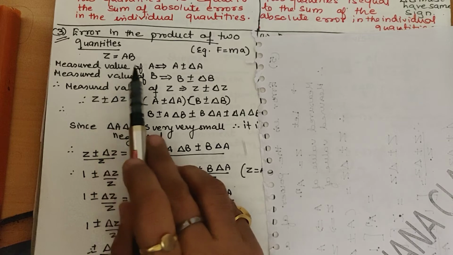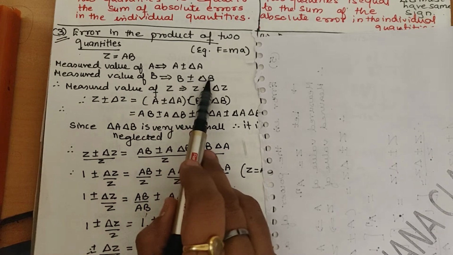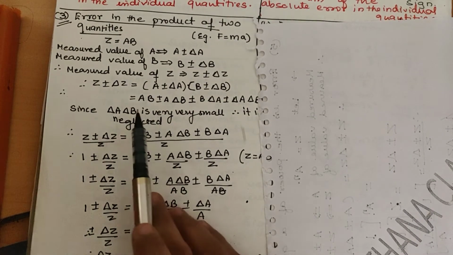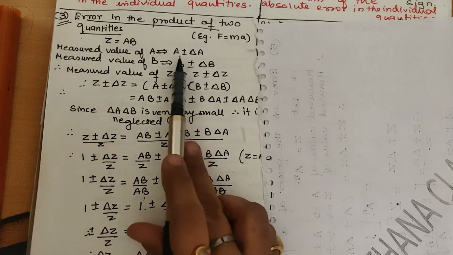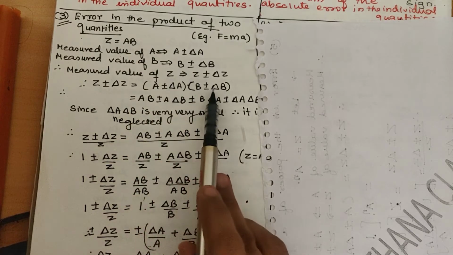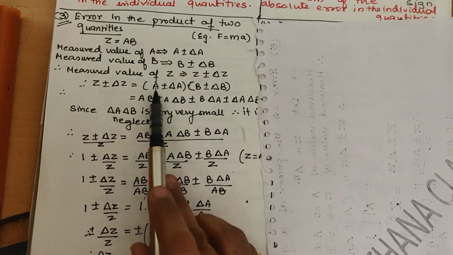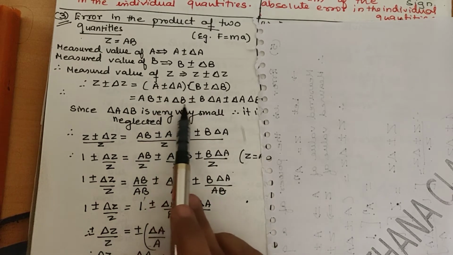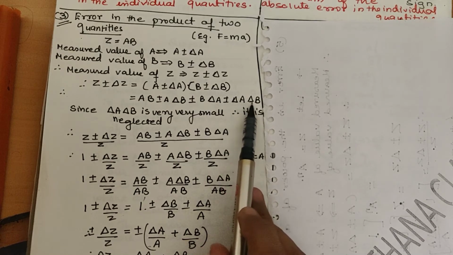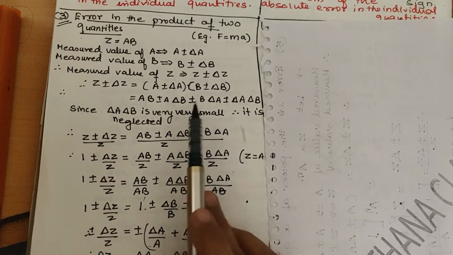The measured value of A is A plus or minus delta A, the measured value of B is B plus or minus delta B, so the measured value of Z becomes Z plus or minus delta Z. If I multiply these two brackets, we get four terms, but since delta A and delta B are small, their product is very small, so this part is neglected in comparison with the other three terms.